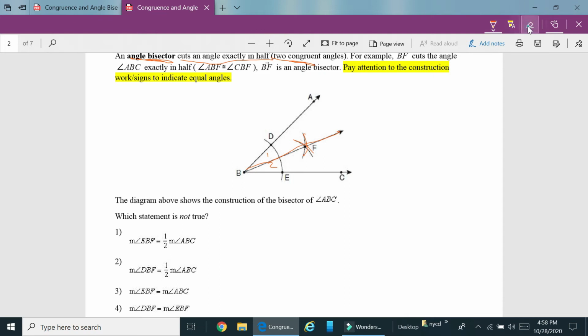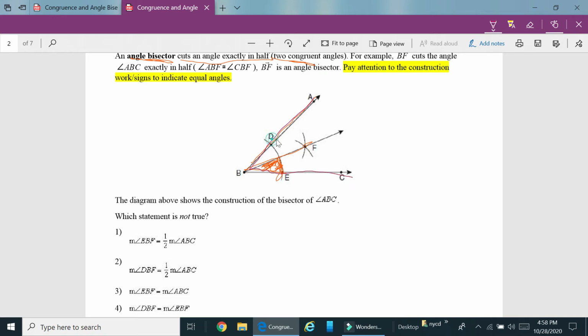Let me erase this. Now it says angle EBF. So you focus on this angle right here, is equal to half of ABC. So A, B, C. Okay, now I'm gonna color this.